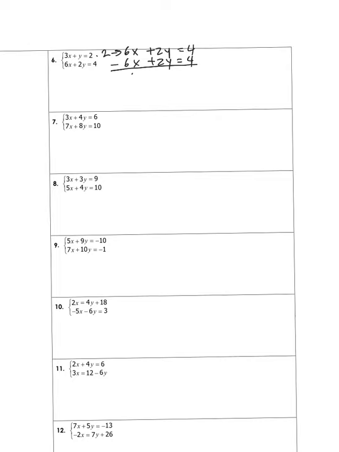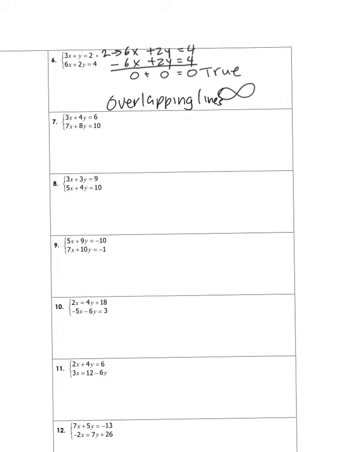And when I subtract, everything cancels out. And what I'm left with, 0 equals 0, is a true statement. If everything cancels out when you're solving using elimination and you're left with a true statement, infinite solutions, that means these lines are overlapping.